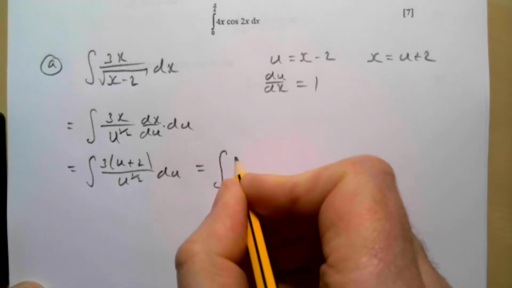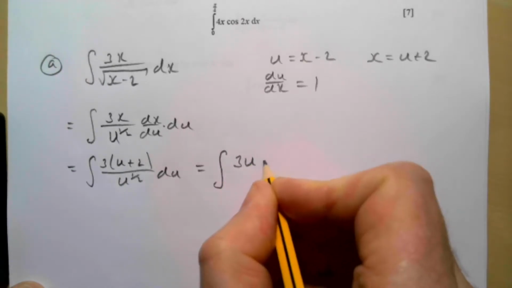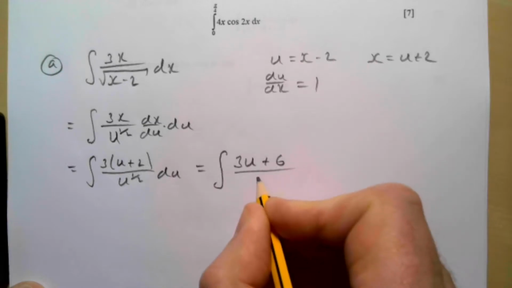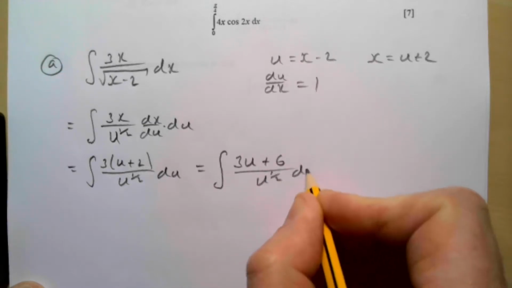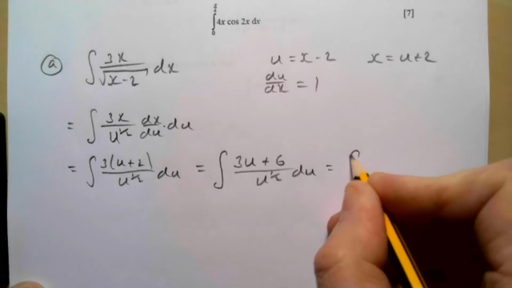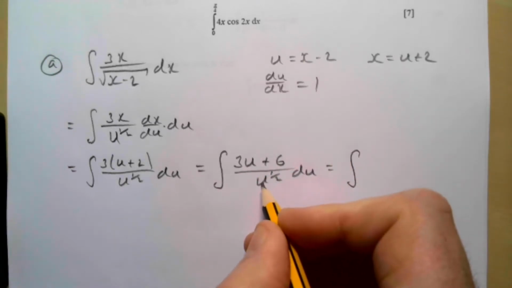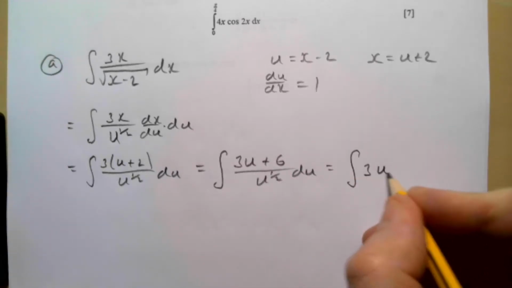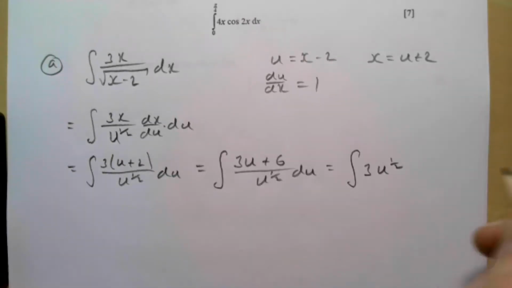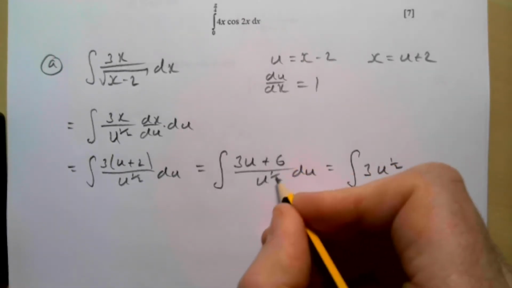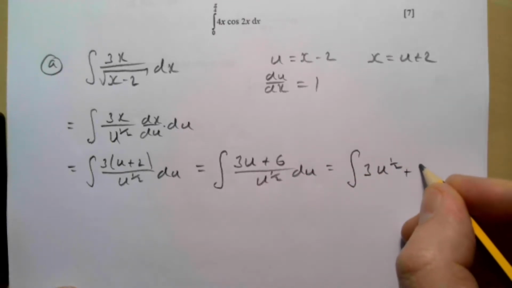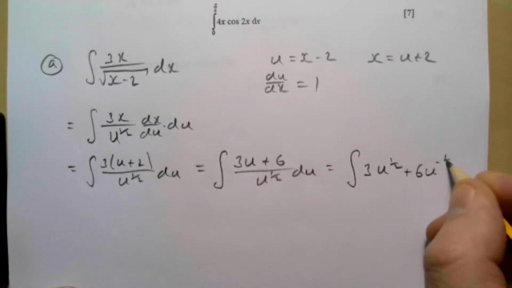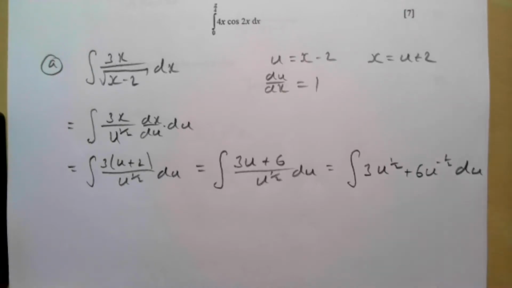That gives me the integral of 3u plus 6 all over u to the power of a half du, and that gives me the integral, so 3u divided by u to the power of a half gives me 3u to the power of a half, and then 6 divided by u to the power of a half is going to be 6u to the power of minus a half du. So we go ahead then and we can now integrate.